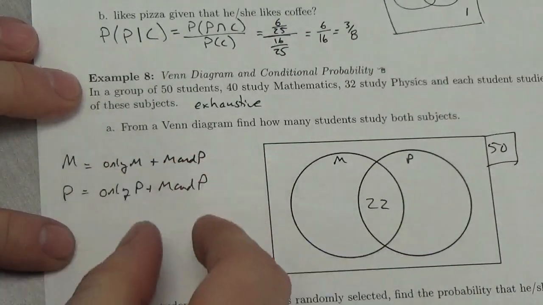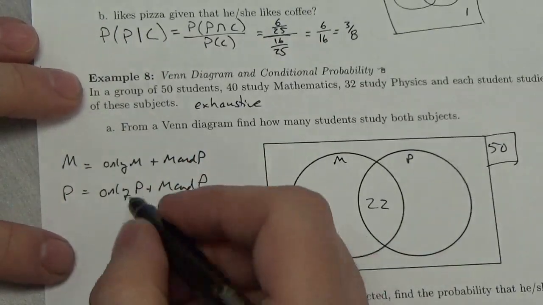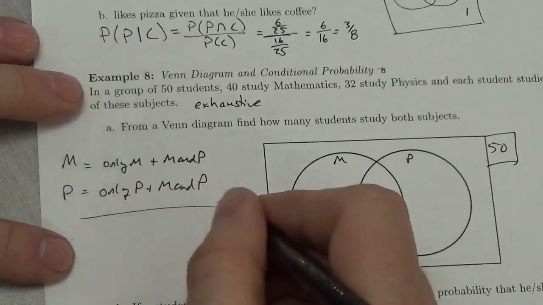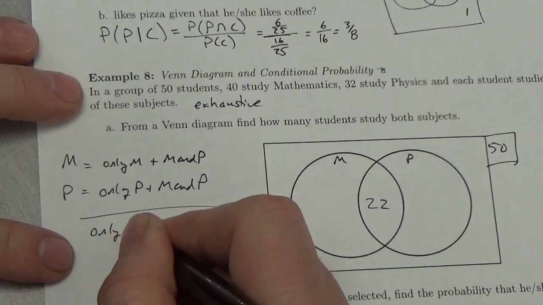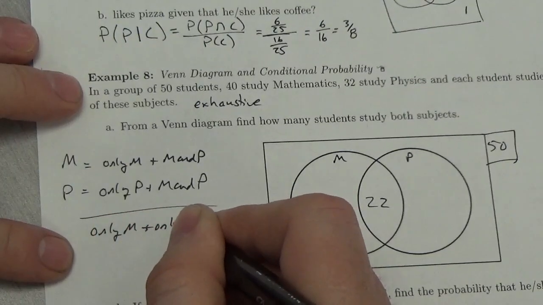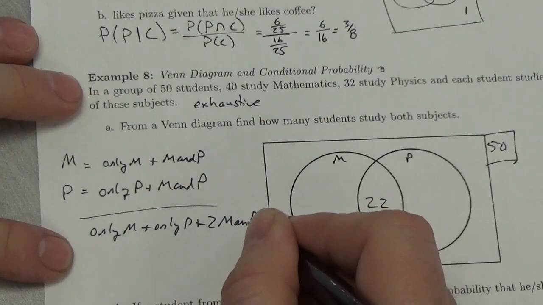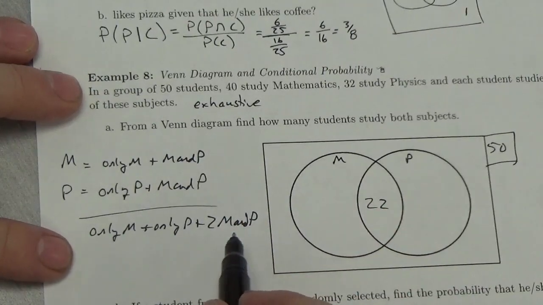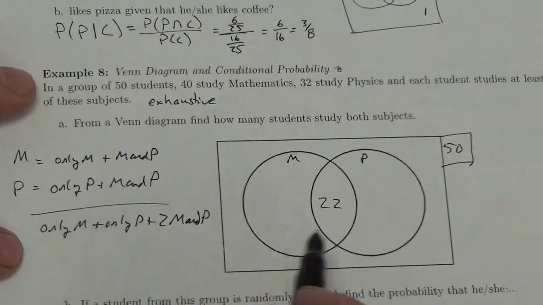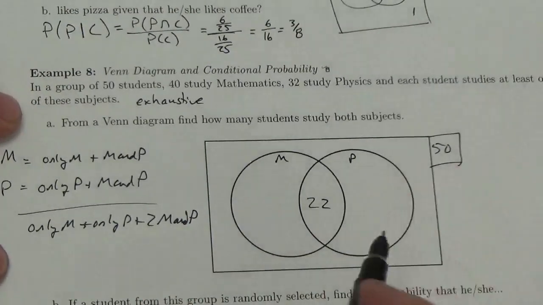Because m has two sets, p has two sets. If you add those together, then the sum is going to be only m plus only p plus 2 times m and p. So I've doubled that up, so I was going to subtract one of those already to get down to the total amount of people here.